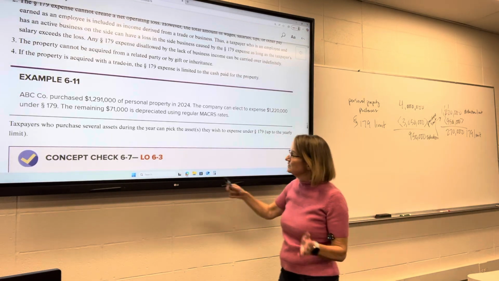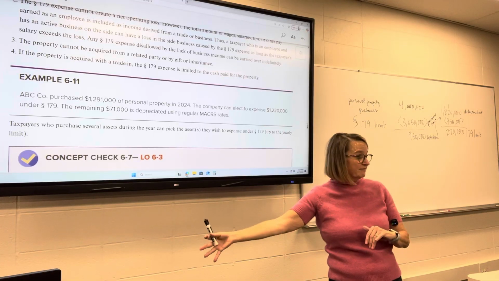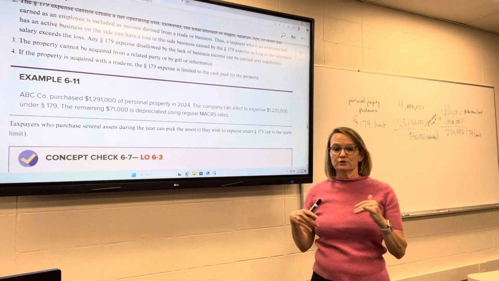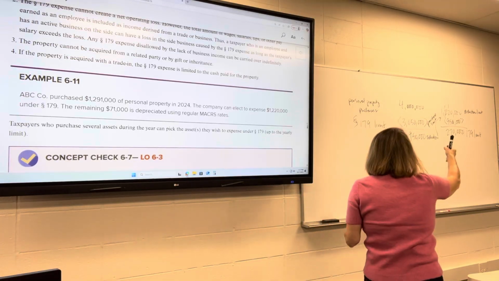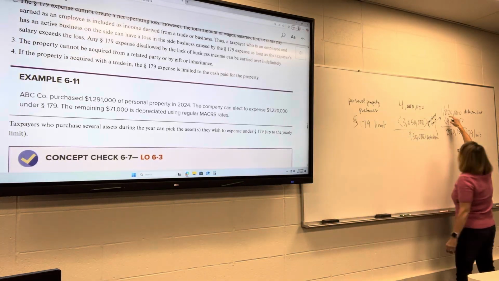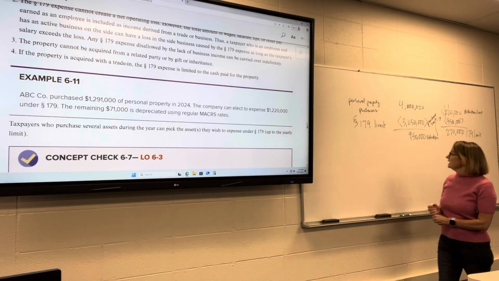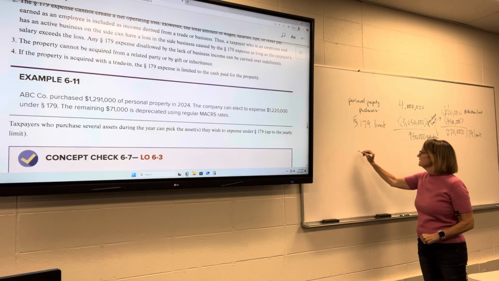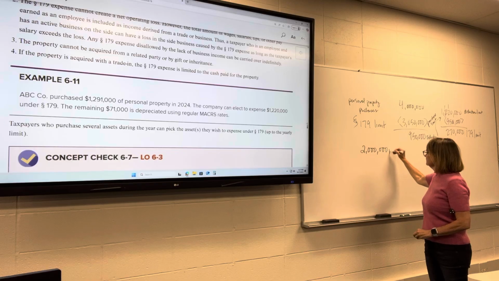And you can pick and choose which assets you want to apply the 179 to. You can also choose not to use it, or use an amount that's less than the $1,220,000. So maybe you purchased $2 million in purchases.